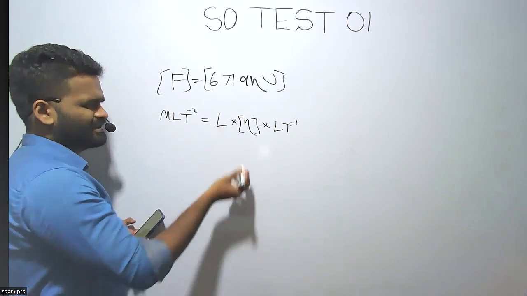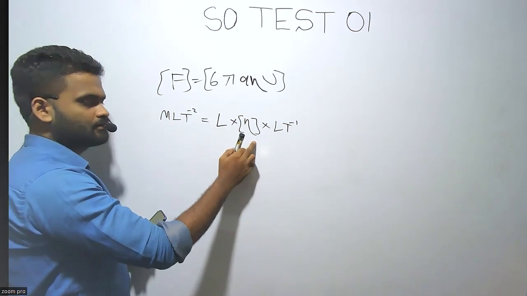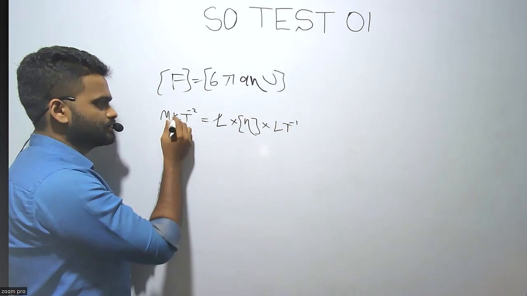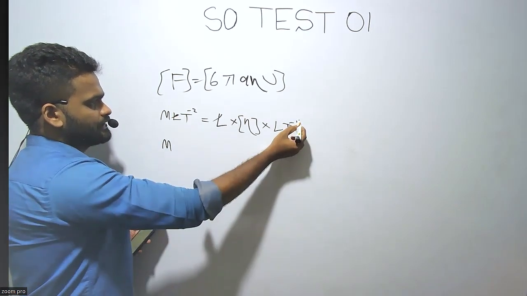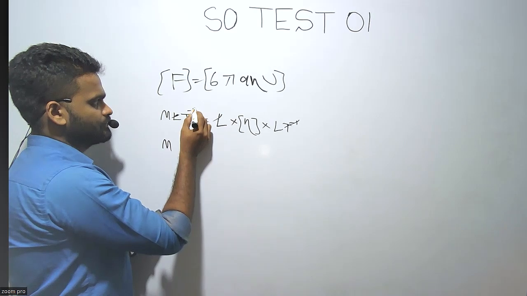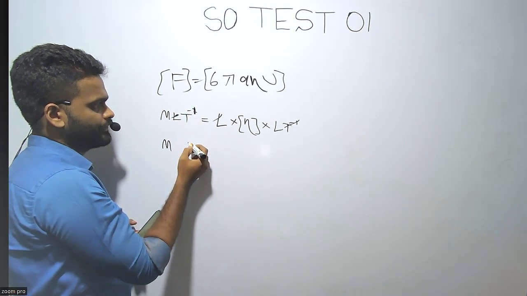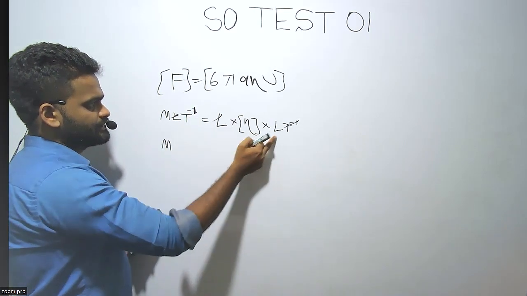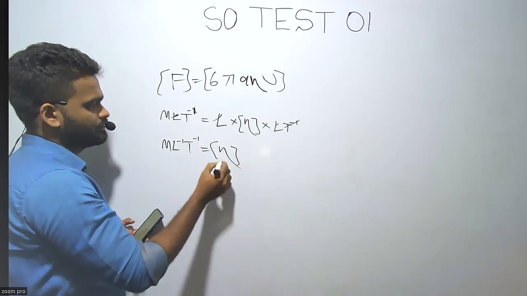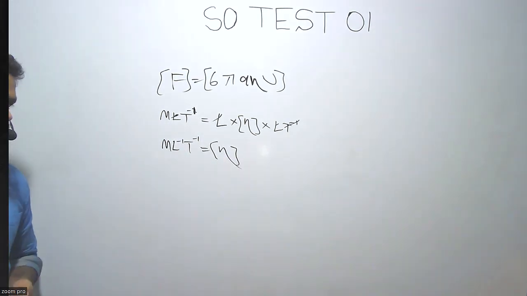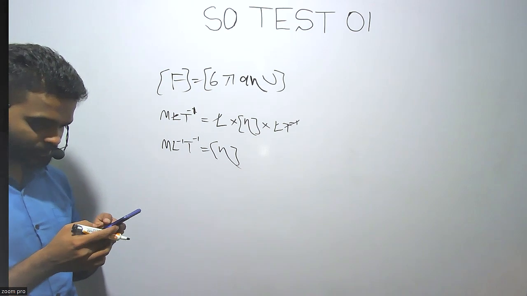Then just simplify in order to find dimensions of eta. L cancels off. Here we have M. T^-1 cancels off with the other T^-1. Then this L comes to the other side, M L^-1 T^-1. So that is the dimensions of eta.